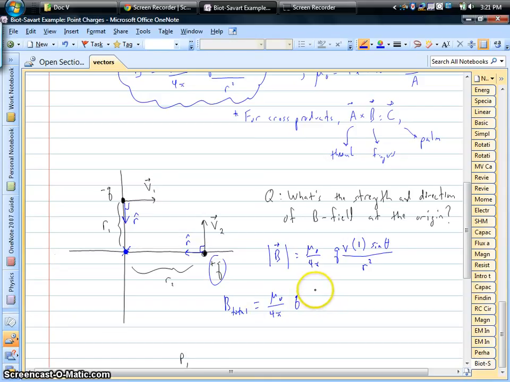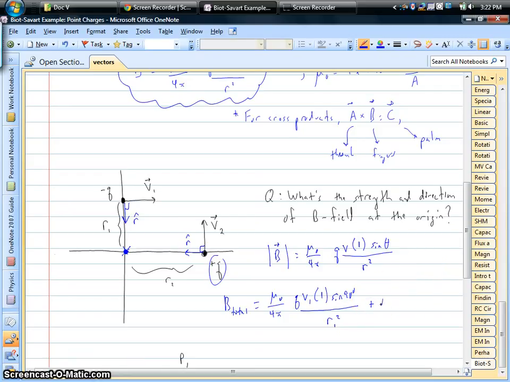Now notice I'm not putting the minus sign in because we already used our left-hand rule to figure out the direction. We just want numbers now. Whatever the speed is, it's v1 times r hat, which has a magnitude of 1, and then the sine of 90 degrees between your motion and that radial vector. And that's all going to be over r1 squared. That's the distance from the charge to the origin.